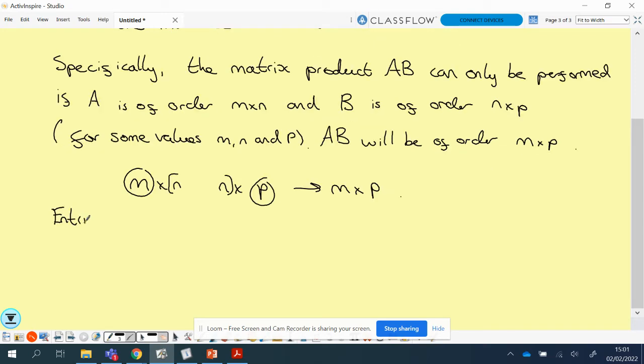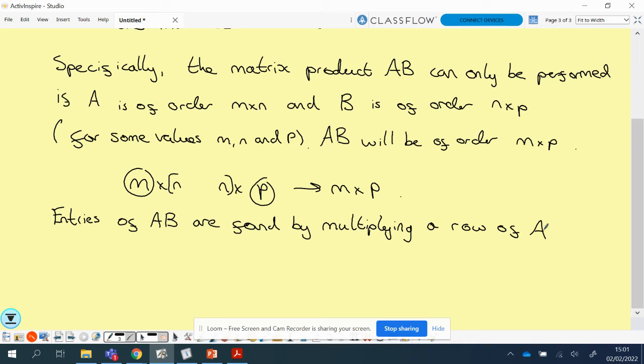The entries of AB, our values that we'd end up with in AB, are found by multiplying a row of A into a column of B. This is a lot like your dot product of vectors and higher.